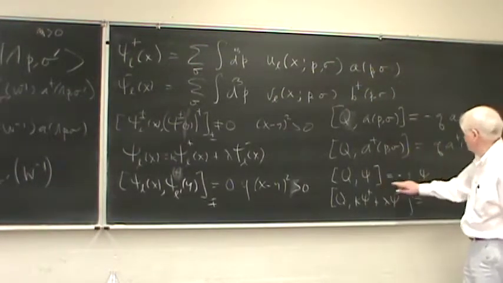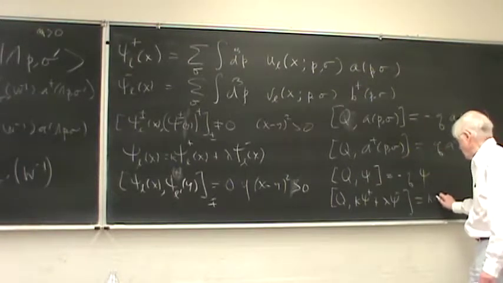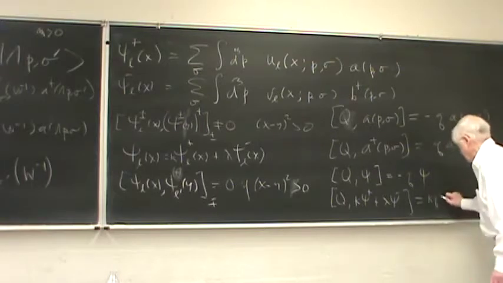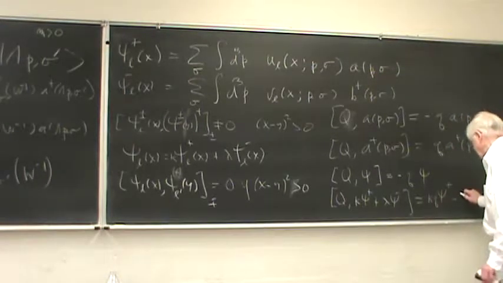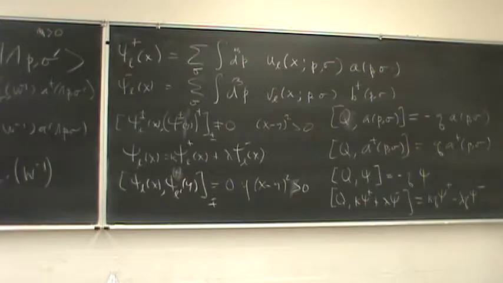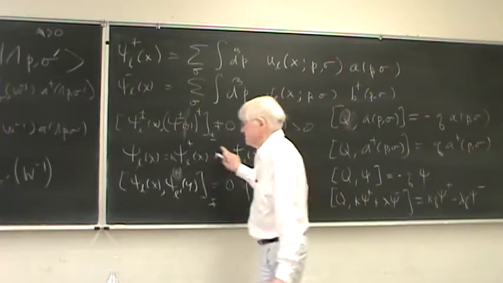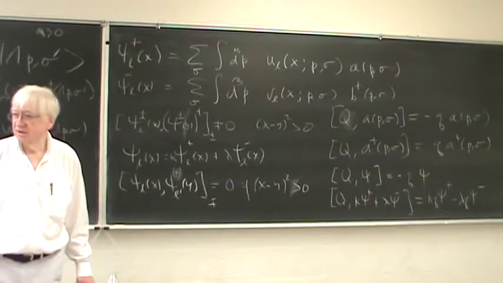The psi plus would have a Q, so this would be kappa Q psi plus minus, or kappa Q minus lambda Q psi minus. Okay? So we see that when we put the psi plus and the psi minus together, we can't use the same annihilation on creation.